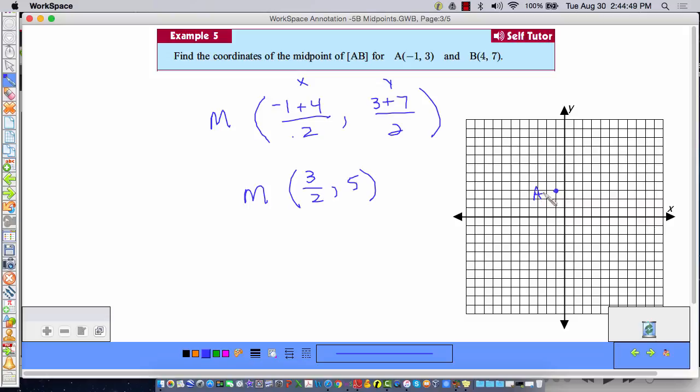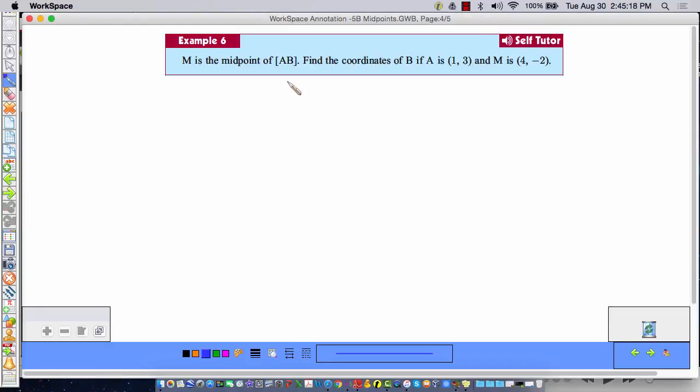That's point A. And then (4, 7), that's B. Let's join that with a pink line. And our claim is the midpoint is (1 and 1/2, 5), M, and that sure does look like it's halfway in between. There's the midpoint. All right, M is the midpoint of AB.